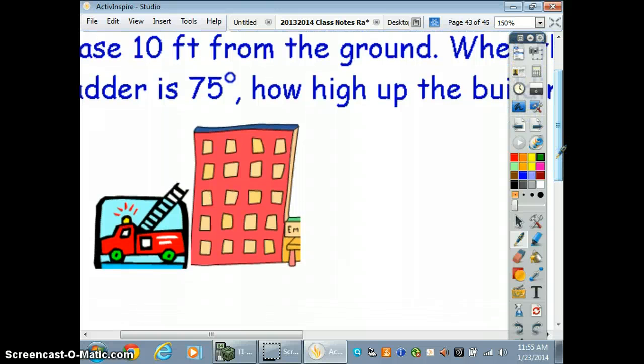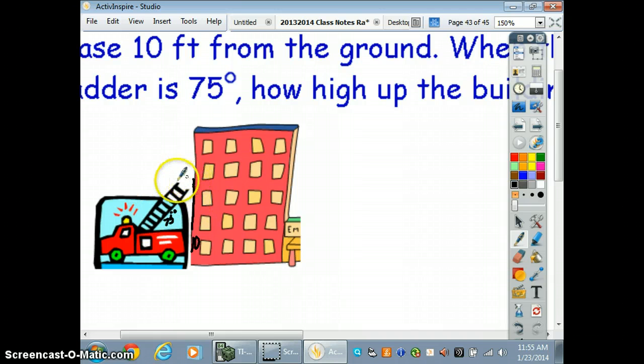Okay, so this is 10 right here, and this is 75 degrees, and if I want to find this, my hypotenuse is this one.